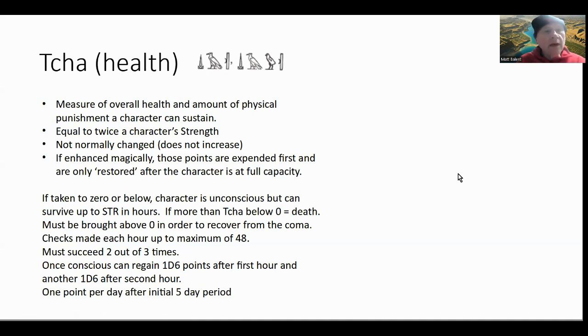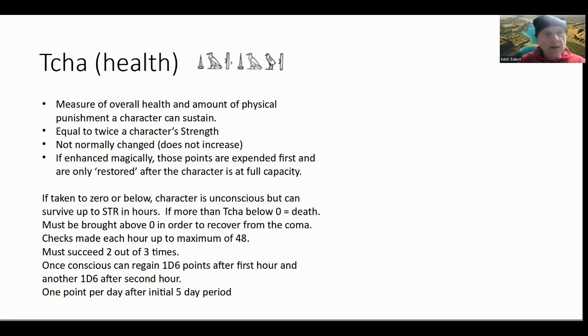Cha, or health, is a measure of the overall health of the character, how much physical punishment they can take, their overall feeling of well-being, and it's equal to twice a character's strength. That's a set number, set for the duration of the character.